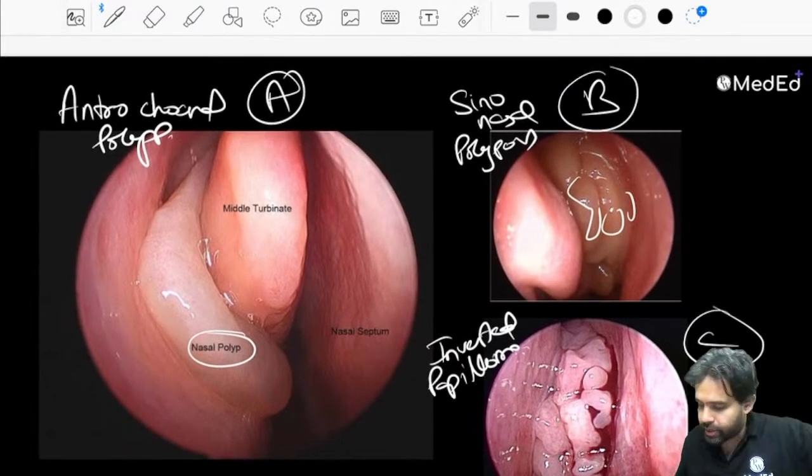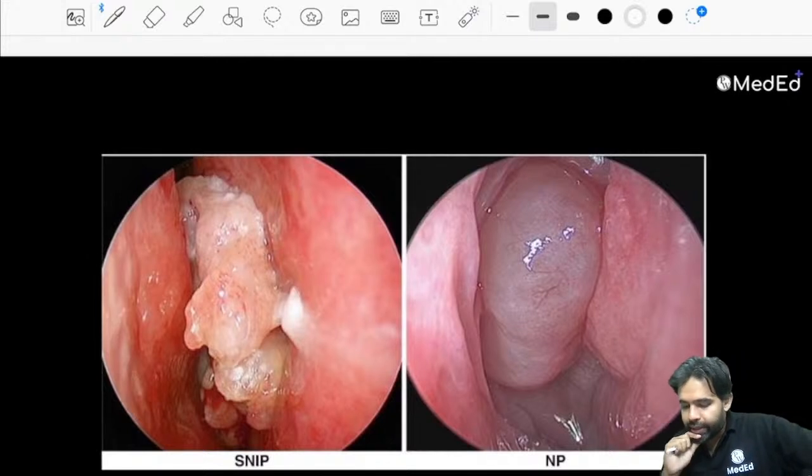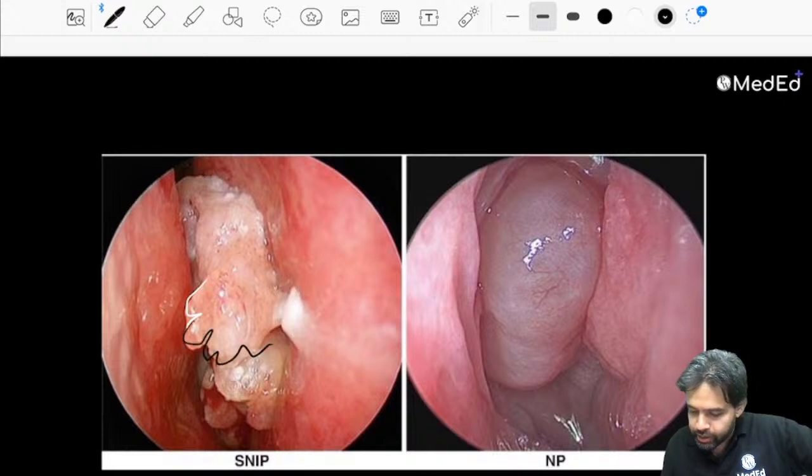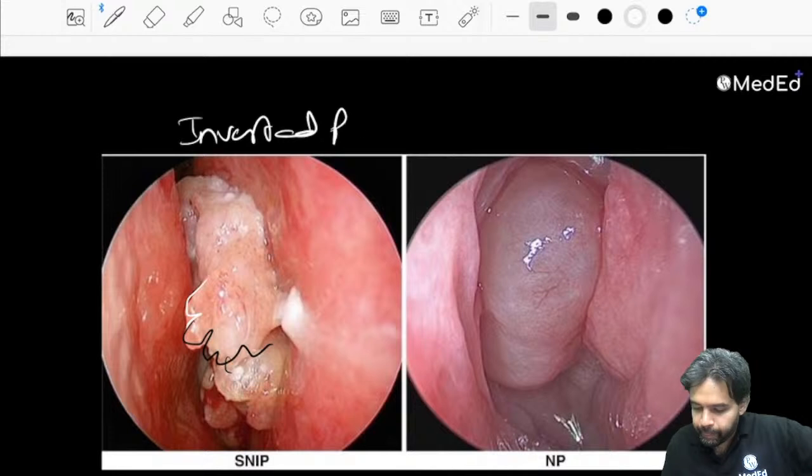That's correct. So Ritvik is saying it's tumor. All right. So this is the difference. See, sinonasal polyposis, what you need to look at is you will find a lot of these polypoidal structures. Okay. This is basically another image of the inverted papilloma. So this is sinonasal inverted papilloma, whereas this is your standard nasal polyposis.